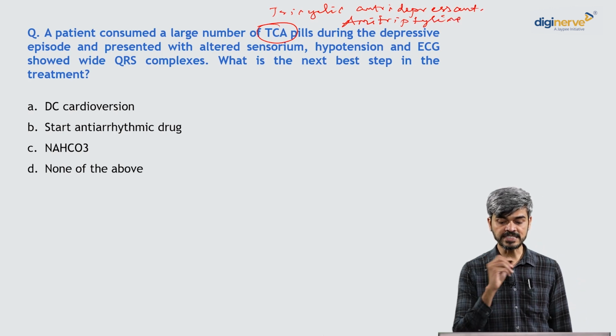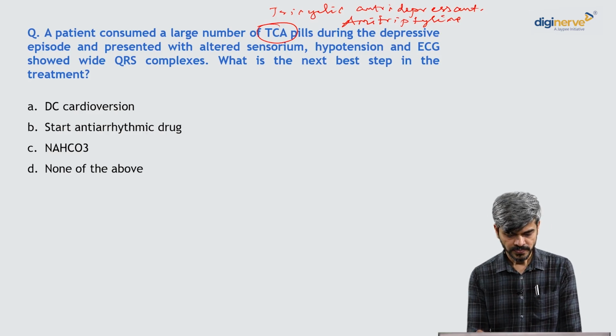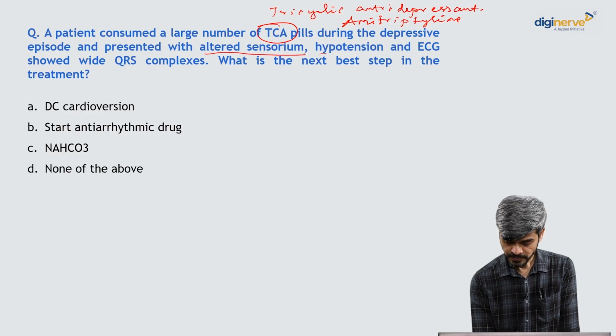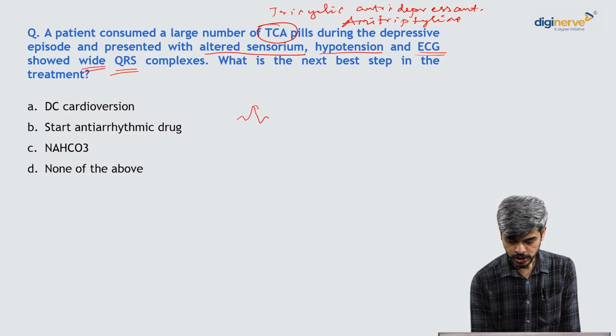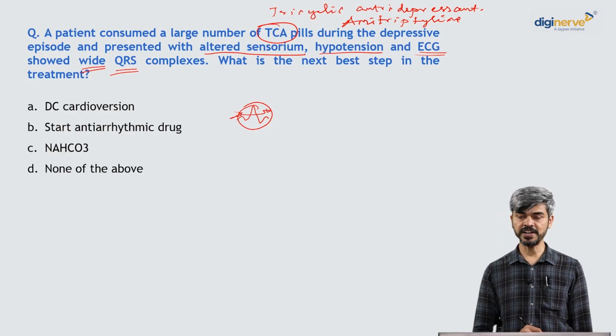All these are tricyclic antidepressants, which are older antidepressants. So he has consumed a large amount of TCA pills and has presented with altered sensorium, hypotension, and the ECG is showing widened QRS complexes. So what is the next best step in the treatment?